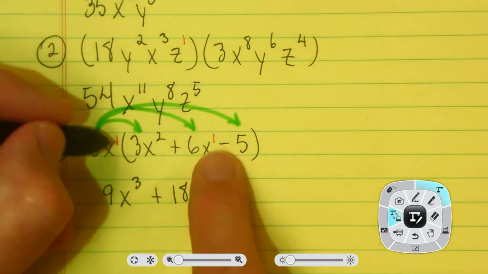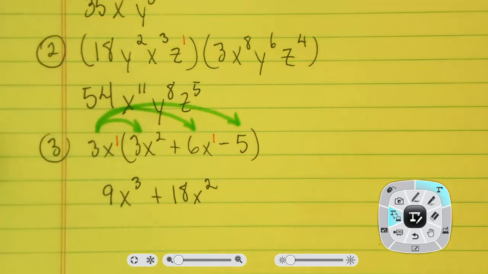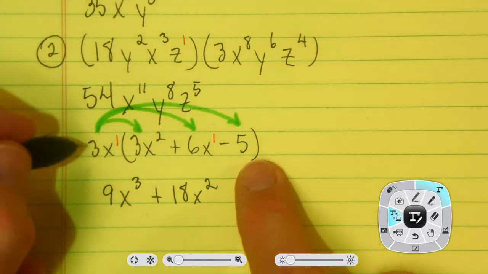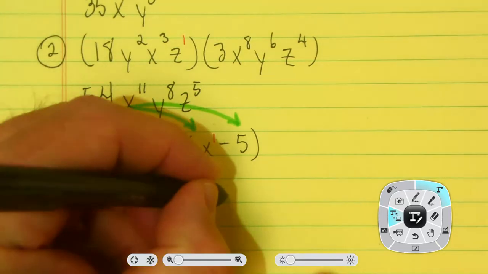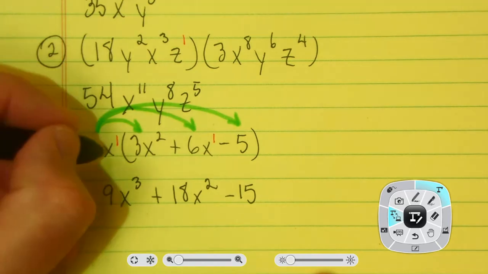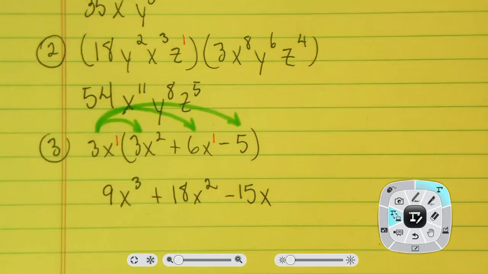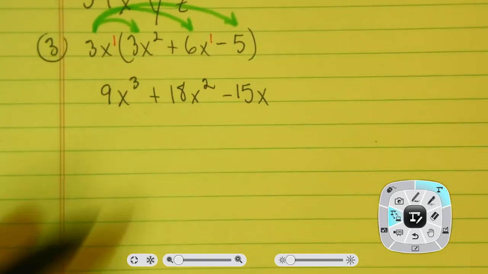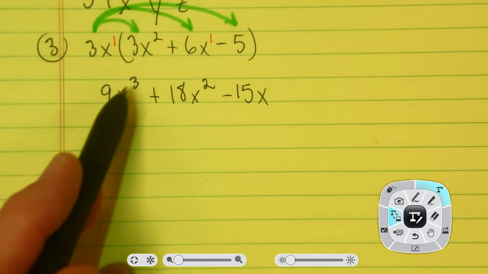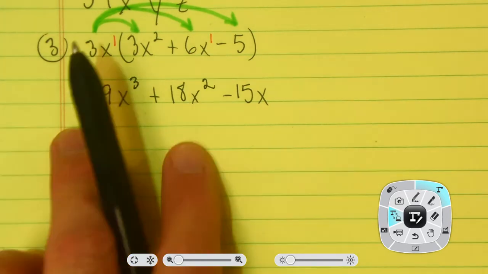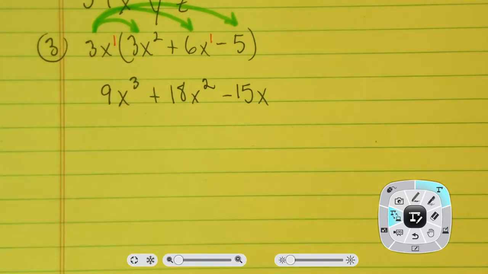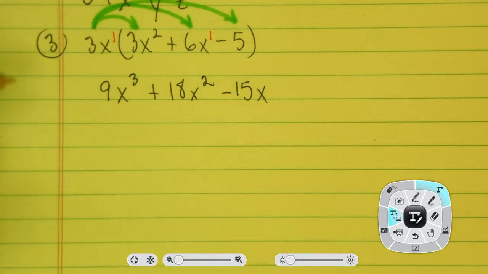X to the 1 plus 1 or 2. And lastly, 3 times negative 5 is negative 15. And x doesn't have another x to multiply, so it's just negative 15x. Remember, I can't add 9x cubed to 18x squared because they're unlike terms. In order for them to be like terms, both the variable and the exponents have to be identical.